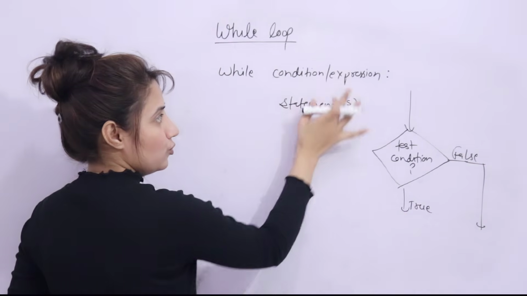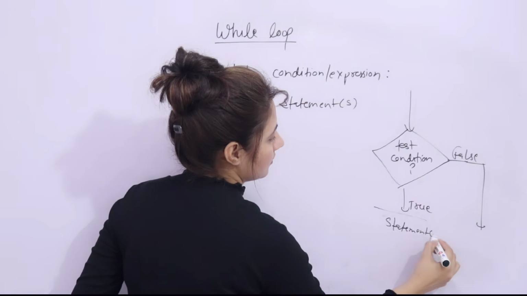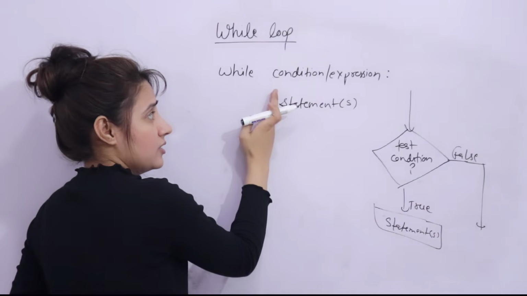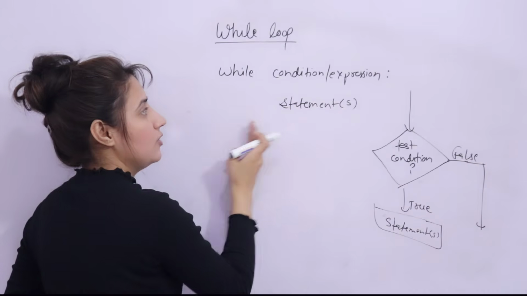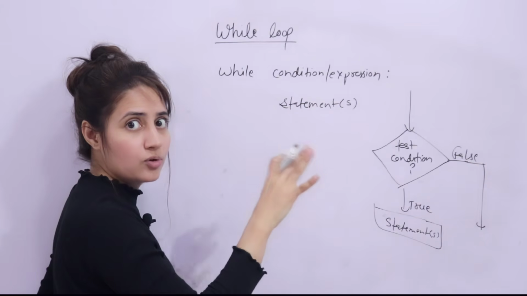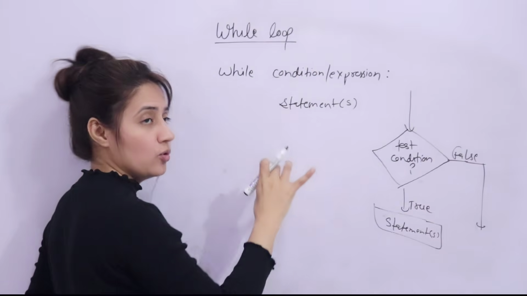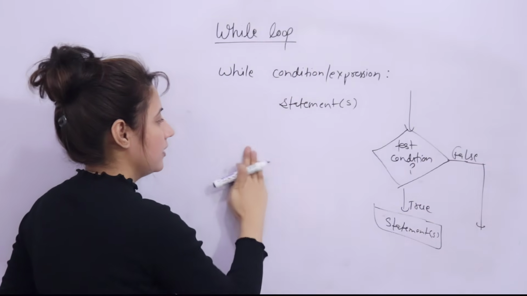If this condition is true, then these statements would be executed. It may be a single statement or multiple statements, and those statements should be indented, right? Because indentation is the only way in Python to denote that this is a block and these statements are within this while loop. There are no braces of this kind, right?